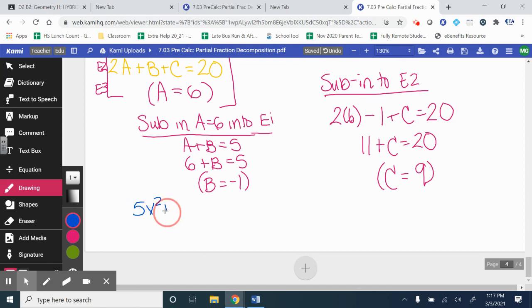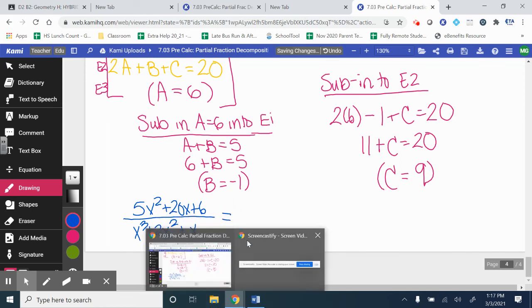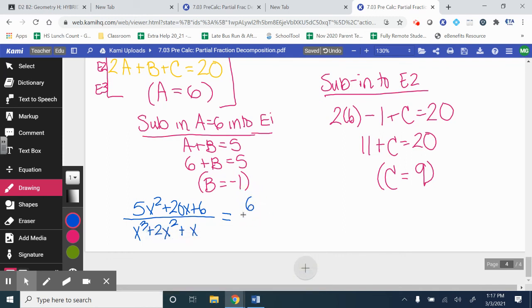So our original was 5x squared plus 20x plus 6 over x to the third plus 2x squared plus x equals, so I had a over x. So a is 6, so that's going to be 6 over x plus b over x plus 1, so that's going to be -1 over x plus 1 plus c, which is 9, over x plus 1 quantity squared.